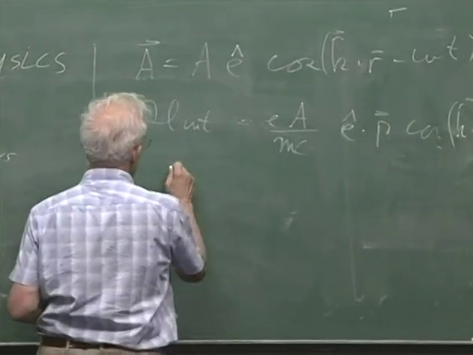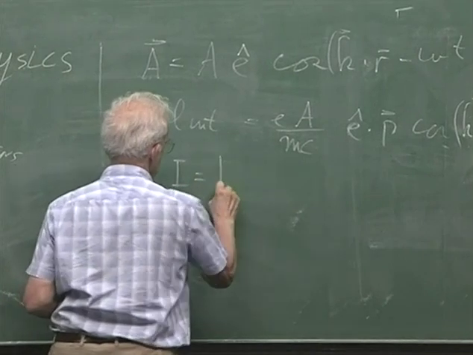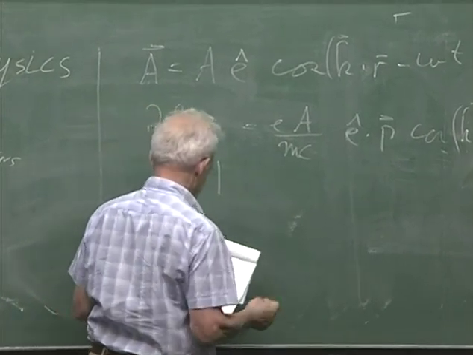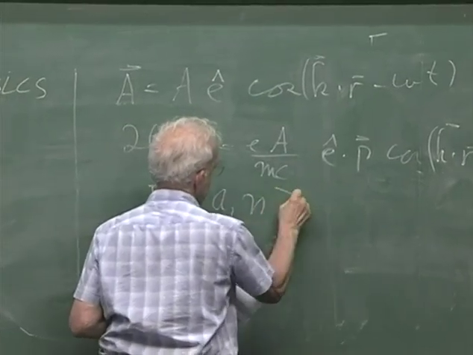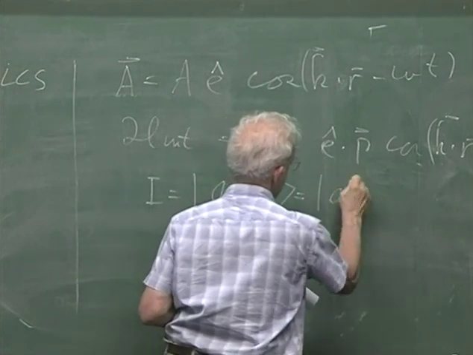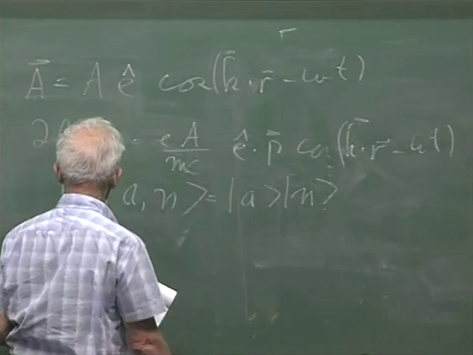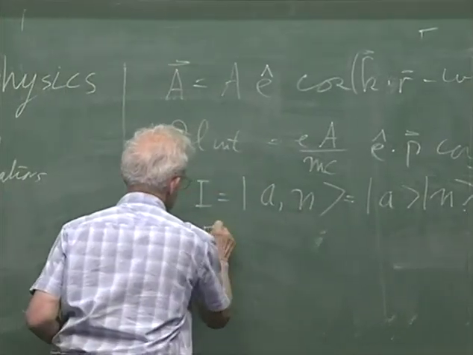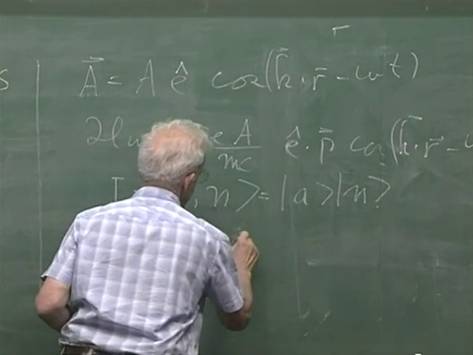Okay, we have an initial level over here, which is an atomic level a, and the photon field has an occupation number of n. I could simply just as well write this as a simple product of a and n. And the final state over here is b and n prime.